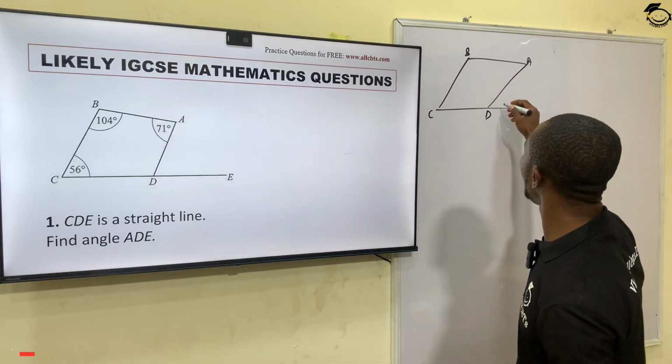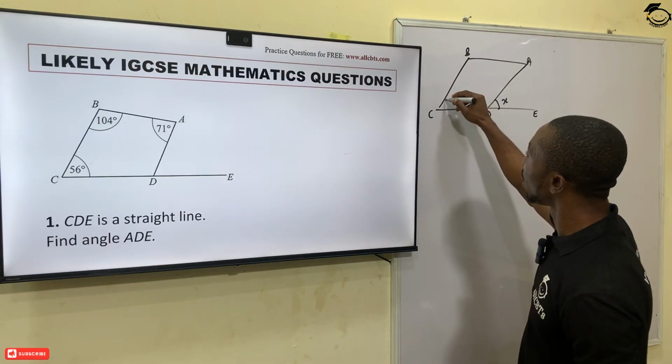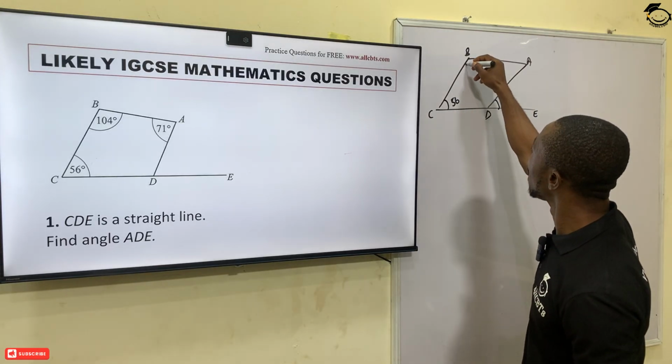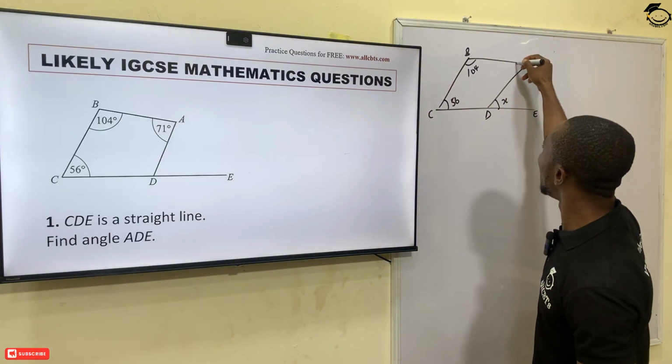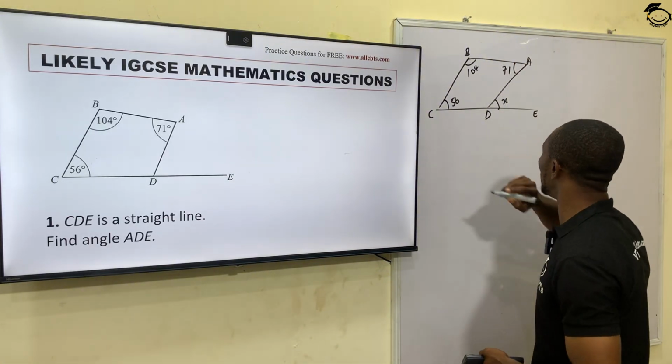Since we are looking for this angle X, and this angle is 56, angle B is 104, and angle A is 71.